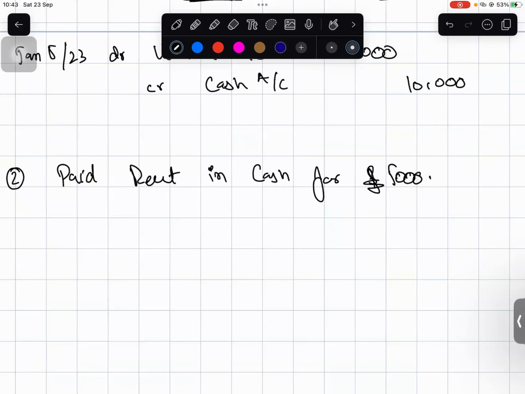Right. So now, Emily, again, the first step is identifying the accounts. What accounts do you think are affected by this transaction? Rent and cash. Absolutely. So what is happening to either of these accounts? What's going up? What's going down? Rent is going up, cash is going down.